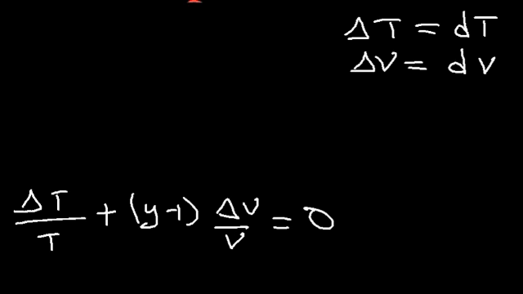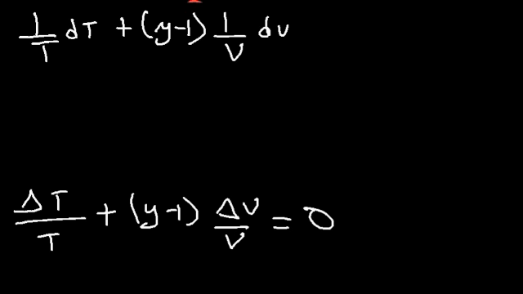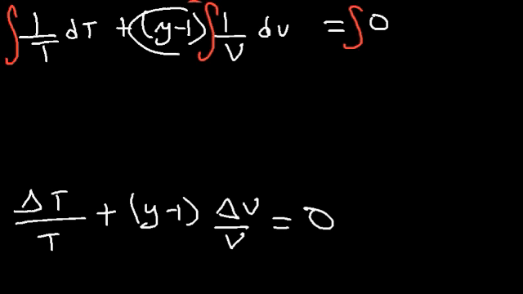So I'm going to rewrite the expression as 1 over T times dT plus gamma minus 1 over V times dV, and this is equal to 0. So now we're going to find the antiderivative of both sides of the equation. So let's integrate 1 over T, 1 over V, and 0. Gamma minus 1 is a constant, so we can move it in front of the integral.